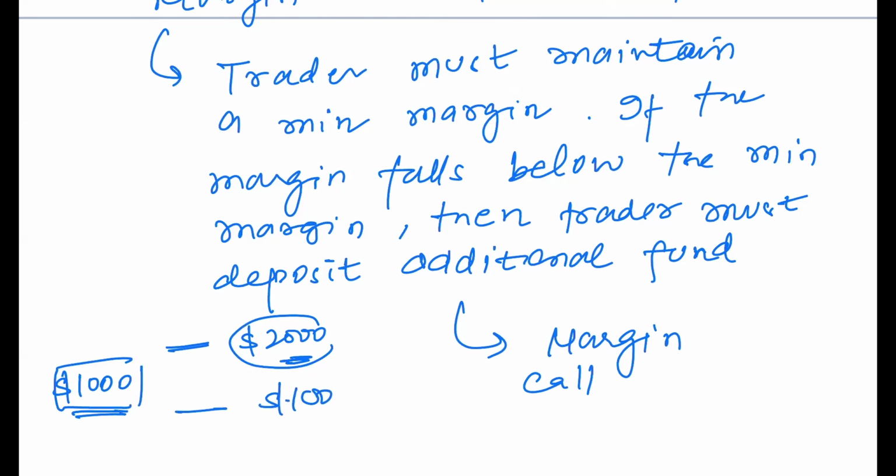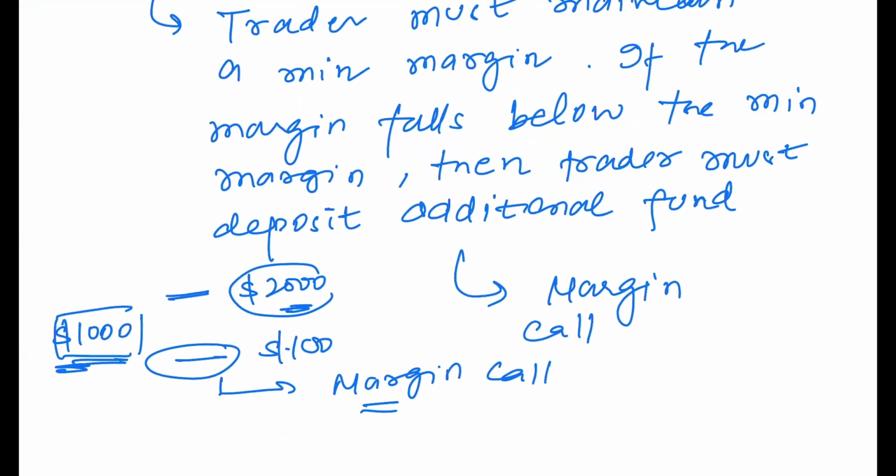Once it goes below $1,000, the exchange will say, margin call. Which means the margin you have deposited has gone below this level, and that's why you have to put in additional margin. That is what we call a margin call. I'll show you with an example, don't worry.